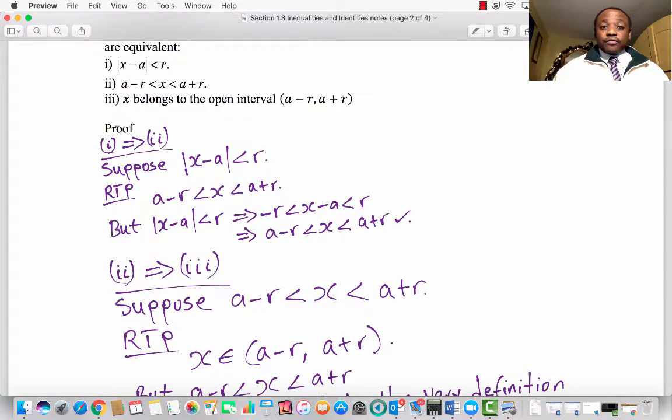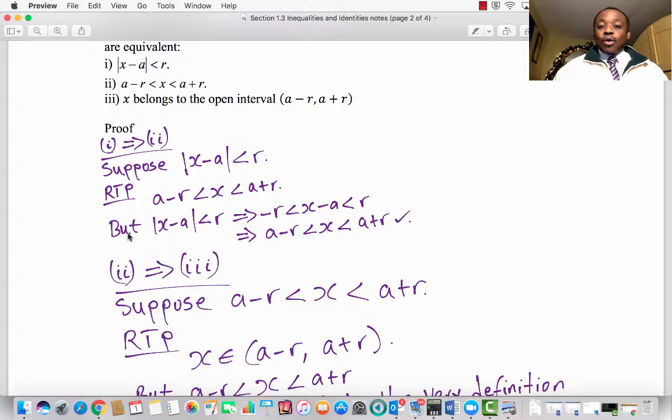Proof. 1 implies 2. Suppose the absolute value of X minus A is less than R. RTP, that means required to prove. We want to prove that A minus R is less than X, which is less than A plus R. We have to start with what we have to get to where we're going.